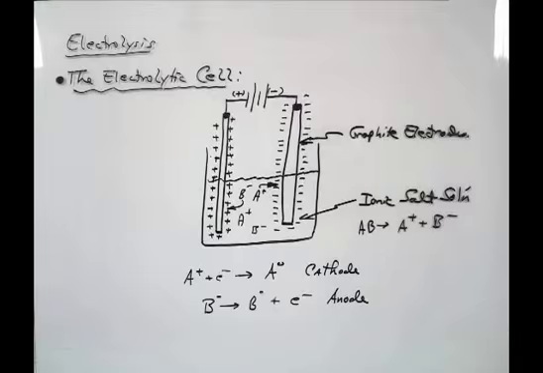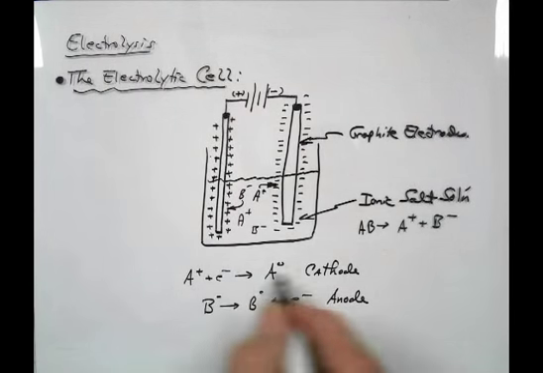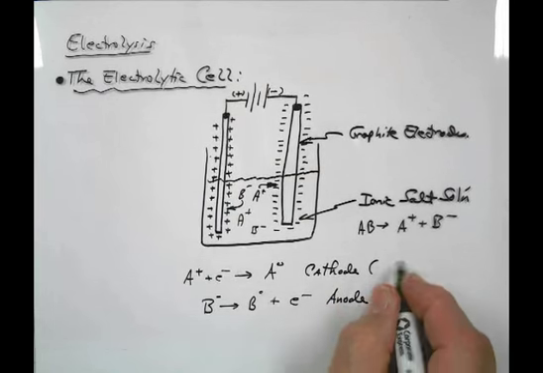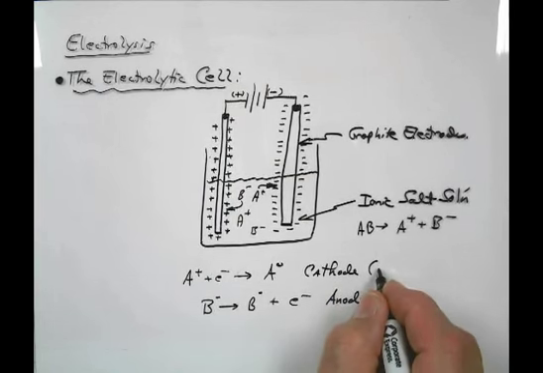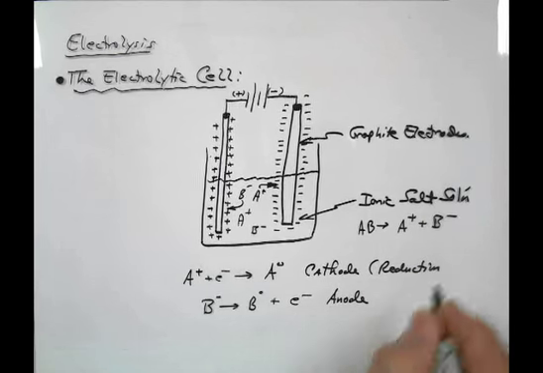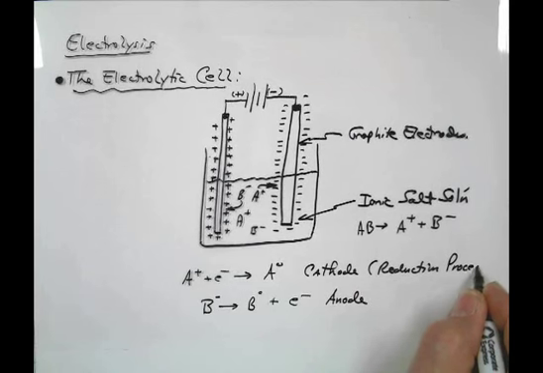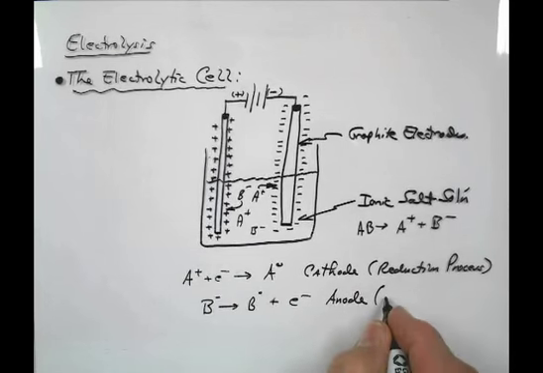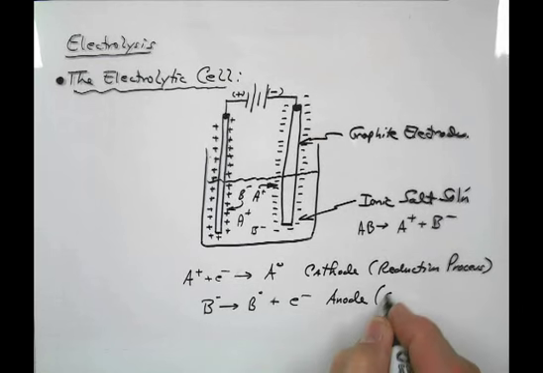The names of the electrodes are defined in terms of the chemistry. That is, a cathode would always be assigned and related to the reduction process. And the oxidation side, or the anode, is always the oxidation.